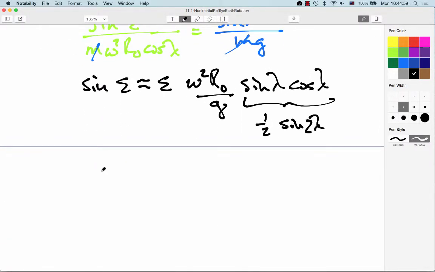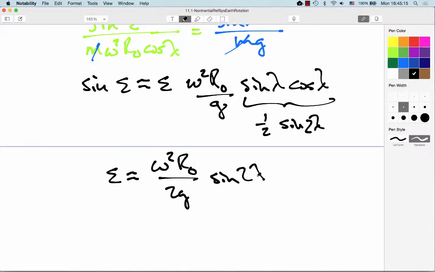And so we get that our deflection angle in radians is approximately, and it's a really good approximation, omega squared r naught over 2g times the sine of twice your latitude.